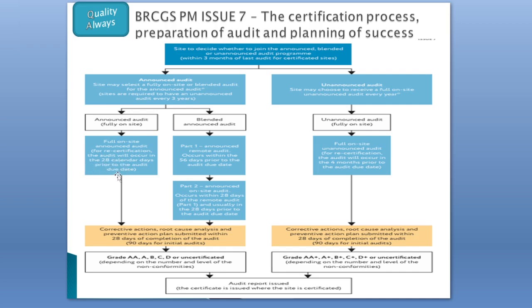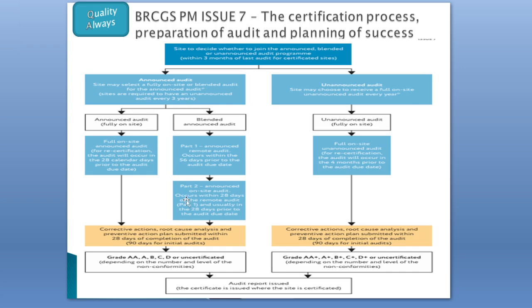In the case of the full on-site announced audit, within 28 calendar days after the audit, the corrective action needs to be submitted. And if there is a blended announced audit, the announced remote audit occurs within 56 days prior to the audit due date, and then the second part, the on-site audit, will occur 28 days after the first announced remote audit.